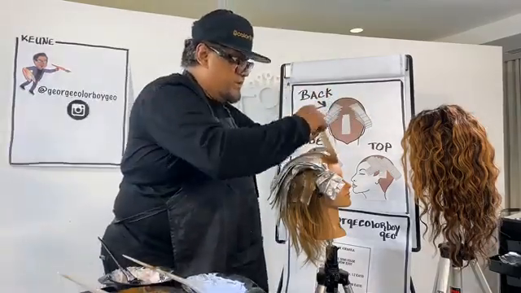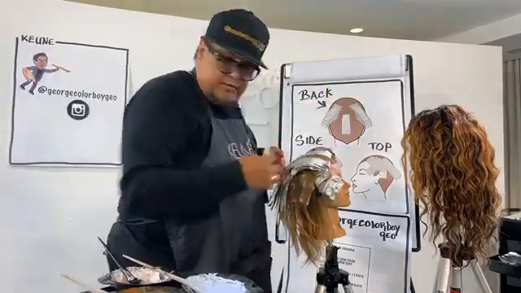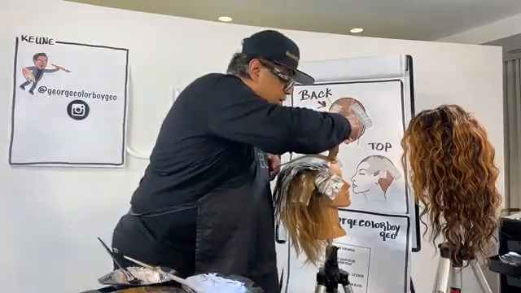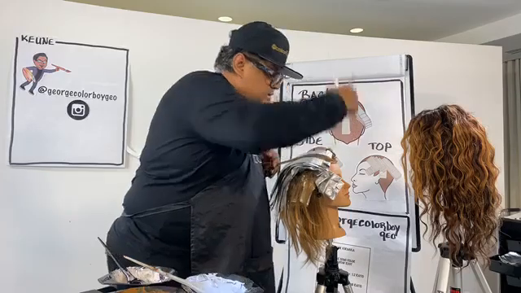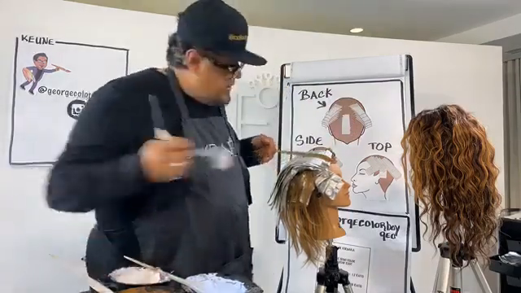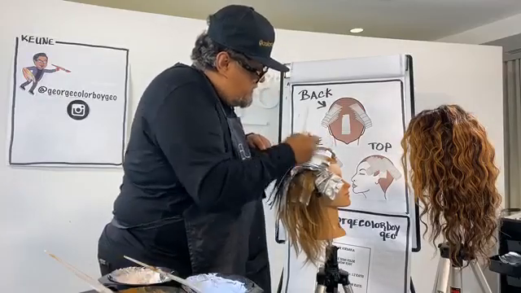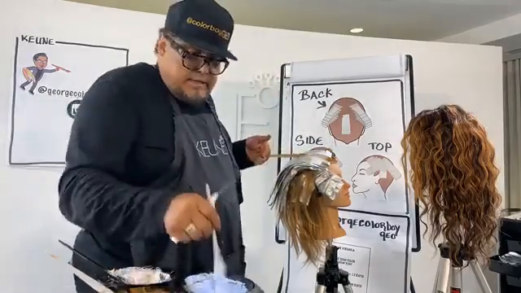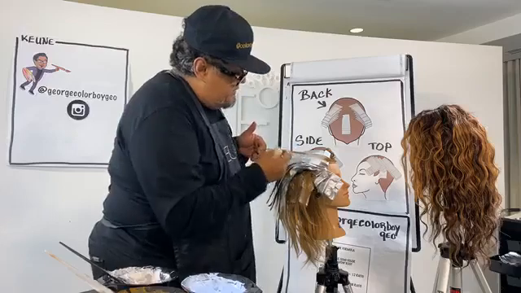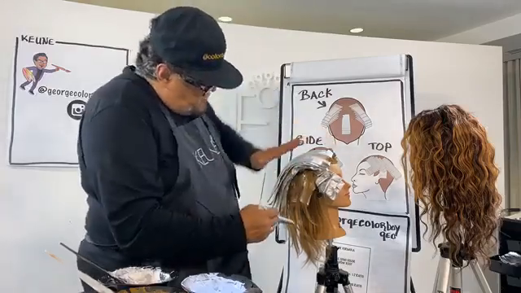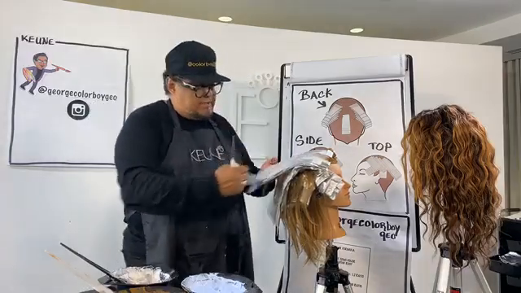Sometimes I'll look at a section and read it, and if it doesn't read really well, I'm okay with redoing it. So I'm just going to take that section in there. We're going to paint some of my high lift, really work that through, soften that out, and now we're going to blend in my lightest color. You can see how the application follows the round of the head shape by over directing it.